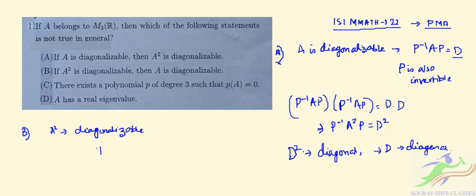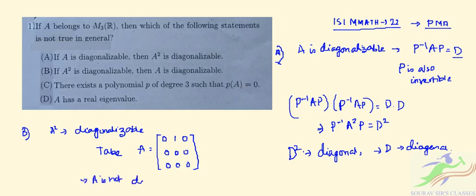Now take A equal to the matrix 0 1 0, 0 0 0, a 3 by 3 matrix with diagonal of all zeros. In this case A is not diagonalizable, right? But here you can find that A square will be equal to 0.